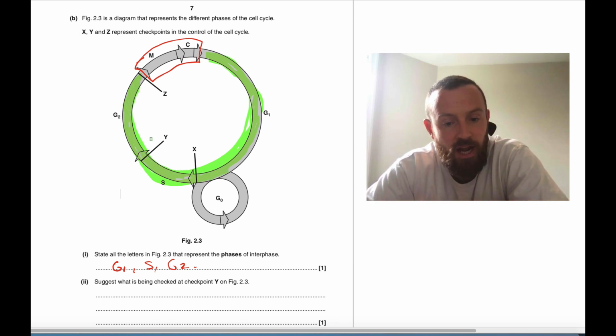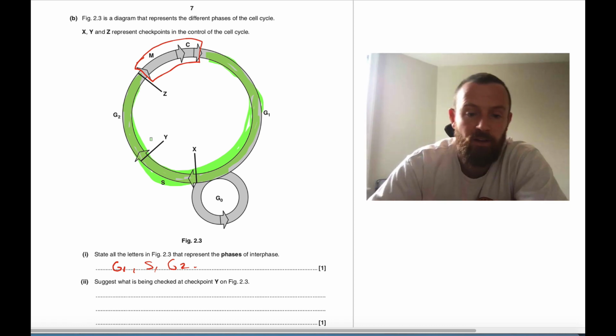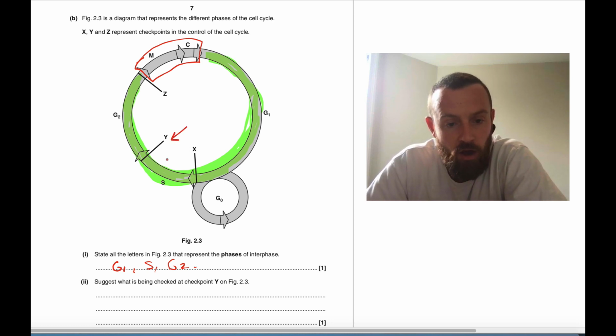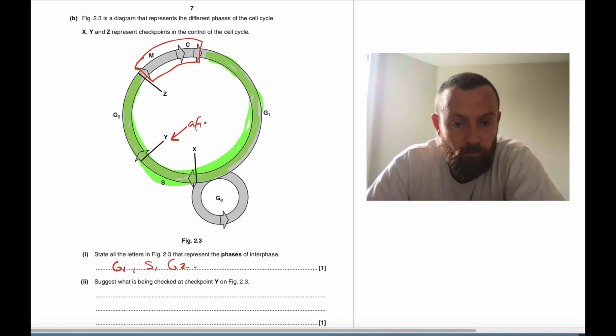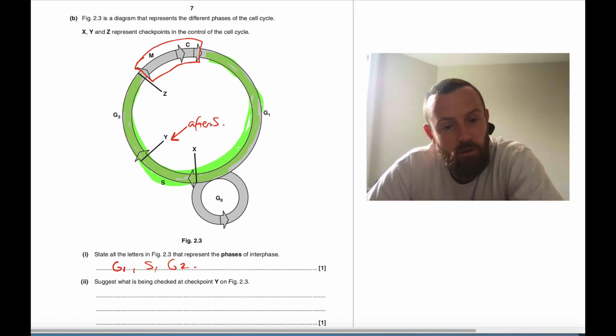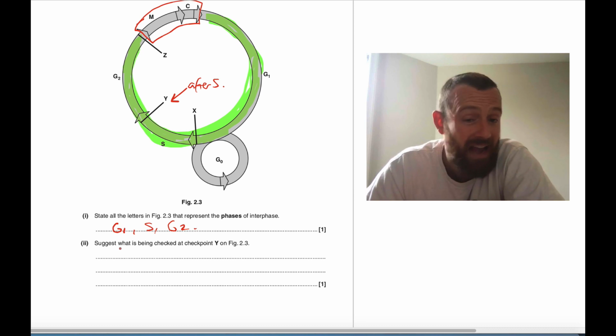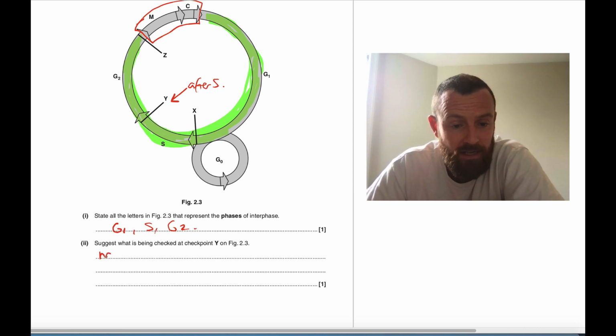Okay, suggest what is being checked at checkpoint Y on figure 2.3. So where's Y? What's going on? Okay, so this is after S phase. So I would say at checkpoint Y, has the DNA been replicated correctly?